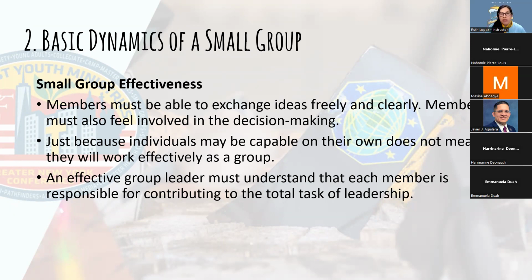An effective group leader must understand that each member is responsible for contributing to the total task of leadership. Everybody helps, everybody participates, everybody has their own share of responsibility. So Camporee is coming. Maybe as directors, use your staff. Don't overload yourself.